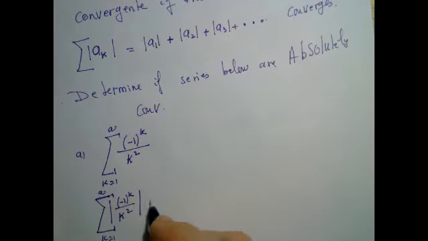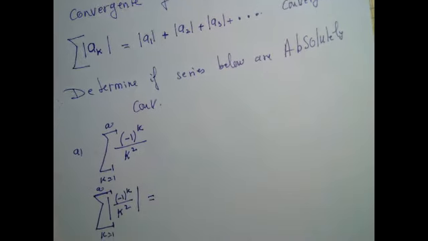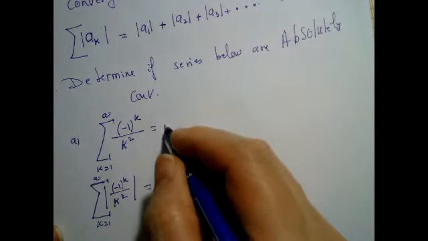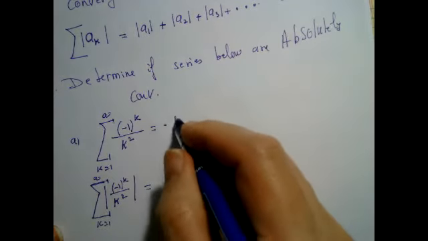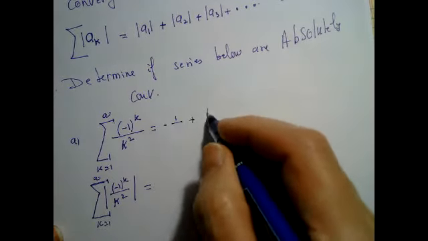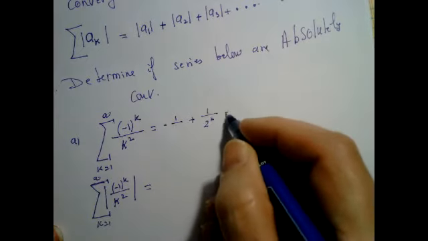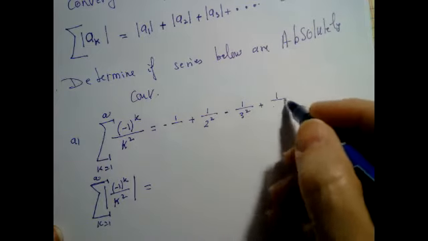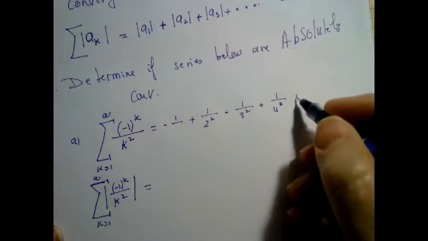So if I take the absolute value, what will happen? Without absolute value, if k is 1, this gives me -1 plus 1 over 2 squared, and so on and so forth.